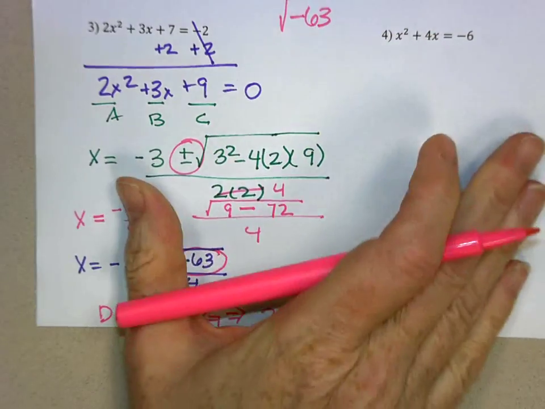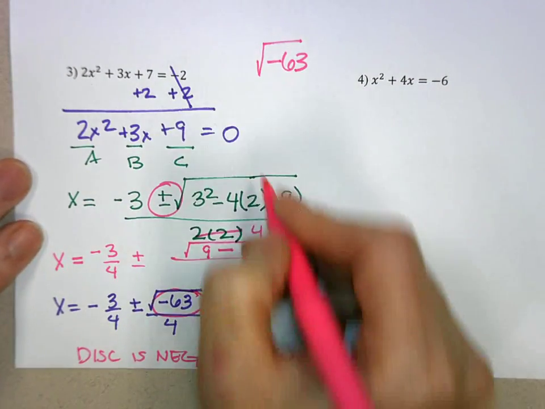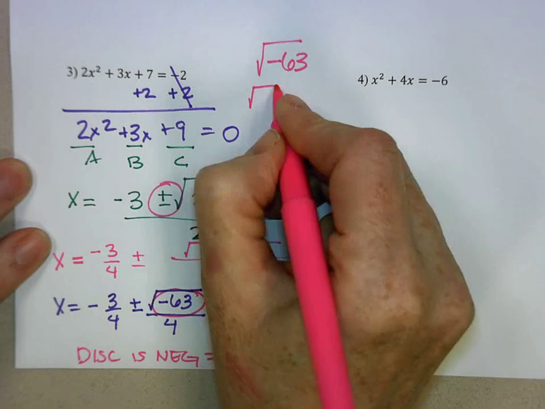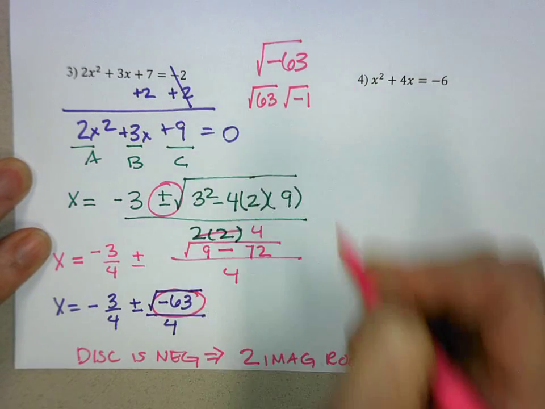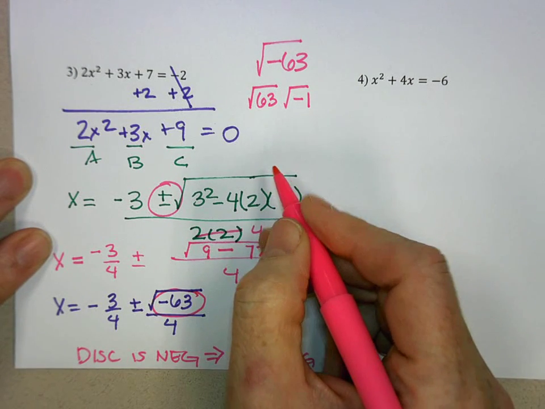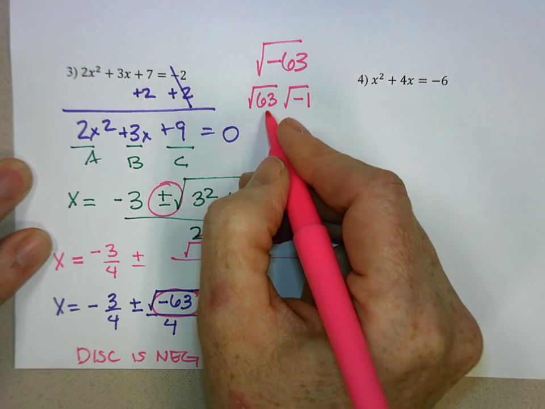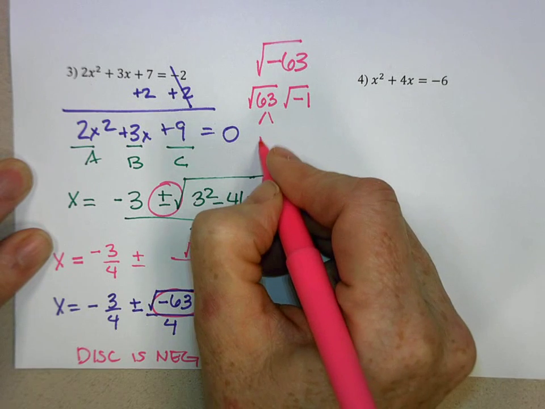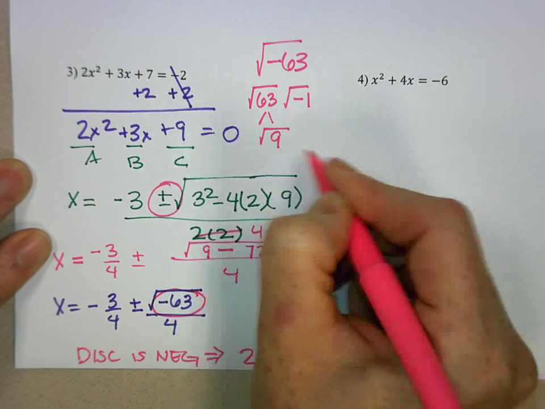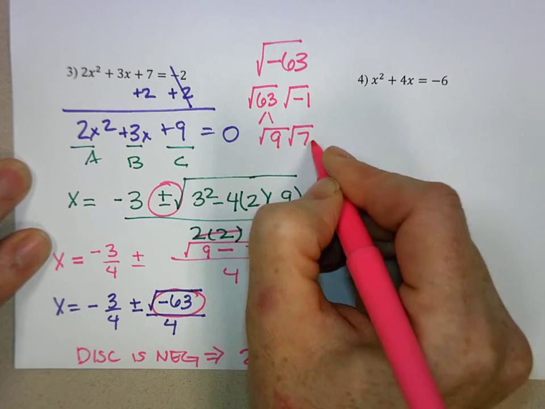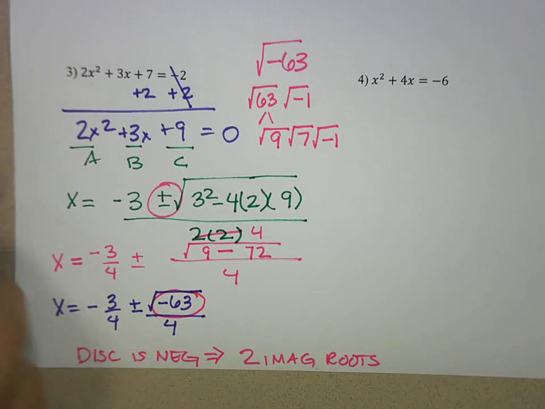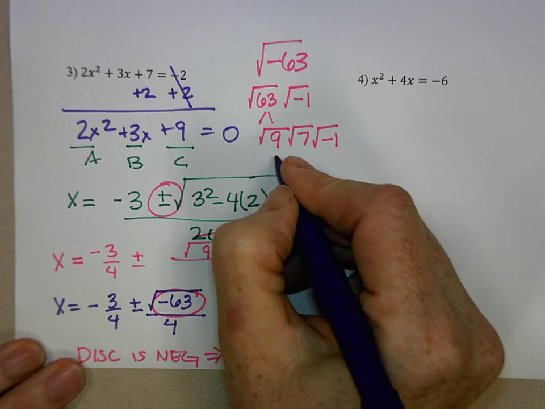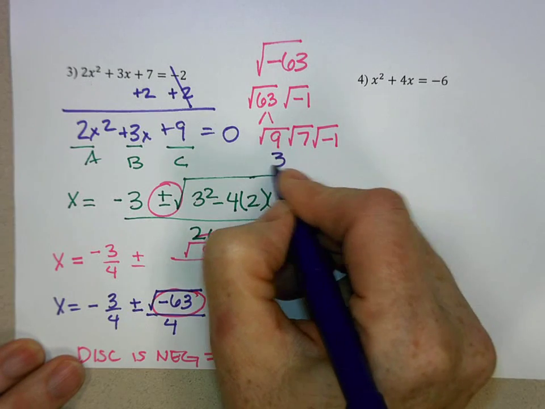We can factor that out. That is the square root of 63 times the square root of negative 1. But I can factor 63 again, right? What are the factors of 63? Well, there's one that's a perfect square: 9 times 7 times negative 1. So I can now simplify. The square root of 9 is 3.